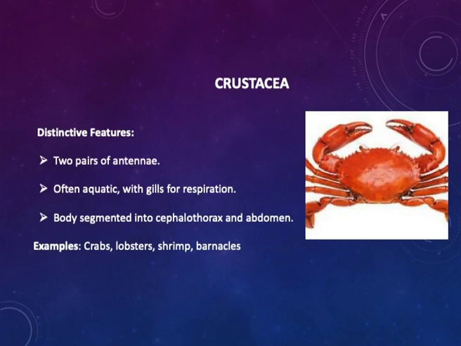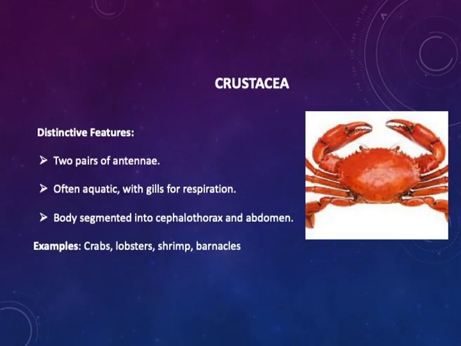Now coming to Crustacea. What are the key characteristics of the Crustacea? Two pairs of antennae are present in crustaceans, and they have biramous appendages, which means two branches.